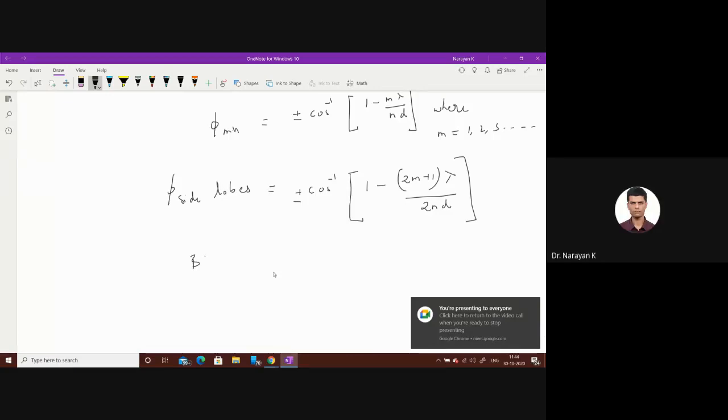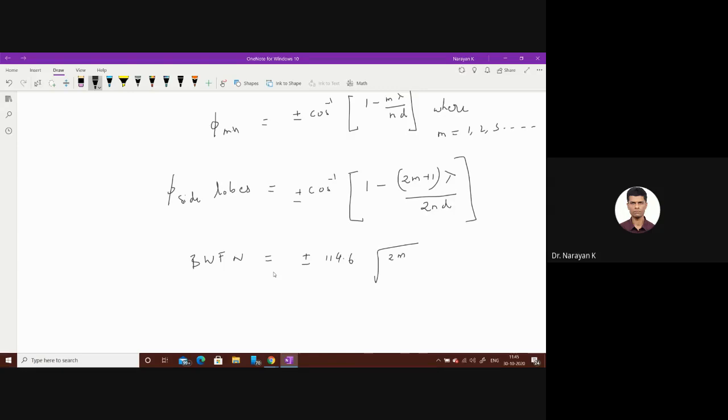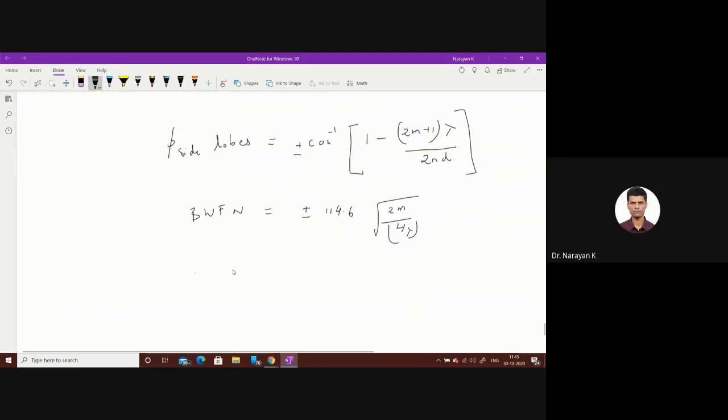Next, your beam width between first nulls, BWFN, is plus minus 114.6 degrees into square root of 2m divided by L by lambda. This is your BWFN. Your half power beam width will be half of that, that is your BWFN divided by 2.